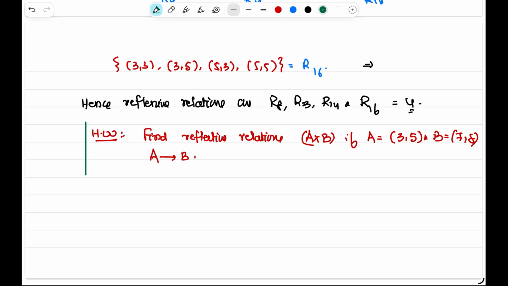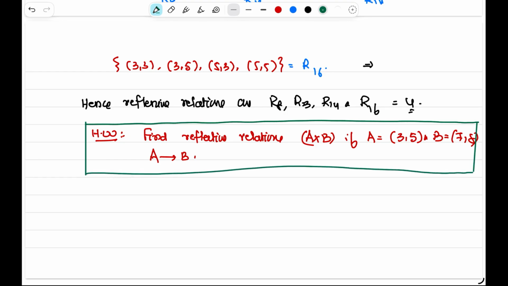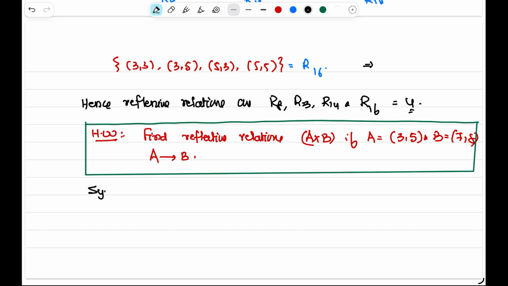I will solve this problem in the next lecture. Please comment your answer in the comment column. Other relations are symmetric and transitive relations.